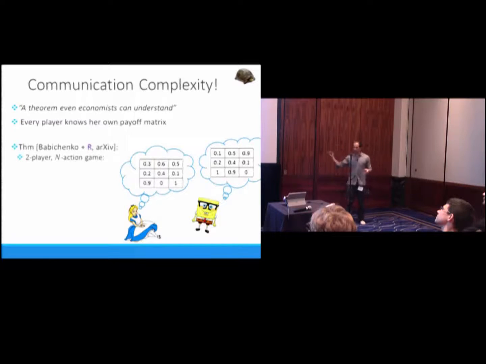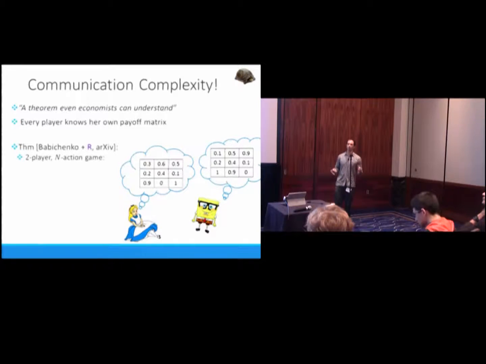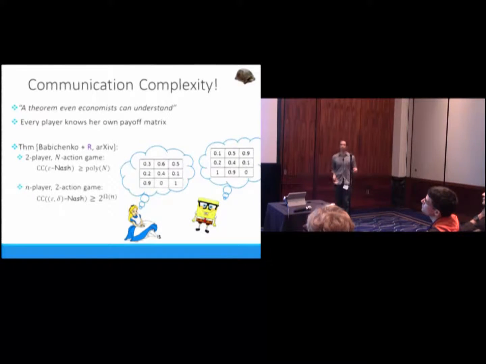In recent joint work with Yakov Bichenko, available on arXiv, we prove, okay, so two-player, again, they each have an n by n matrix, so obviously in polynomial in n communication, they can communicate their entire payoff matrix, and then they can find Nash equilibrium offline. Well, we proved that for epsilon Nash, this is indeed necessary. You need polynomial in n. And then in n-player game, you actually need 2 to the omega n communication.